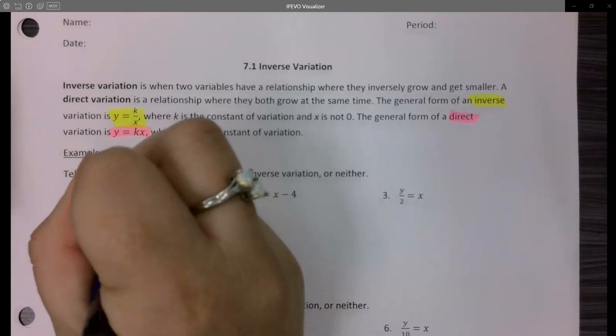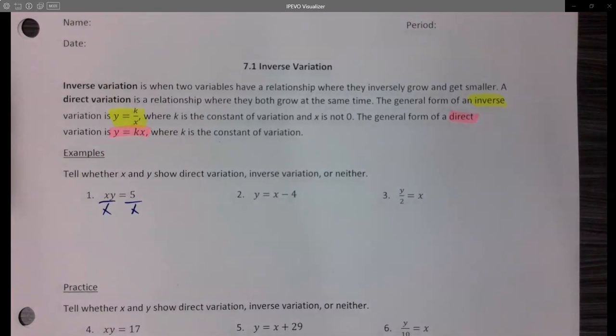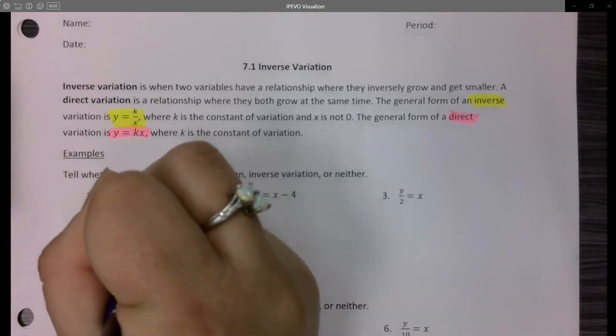So on number one, I'm going to divide both sides by x. So then I get y equals 5 over x.